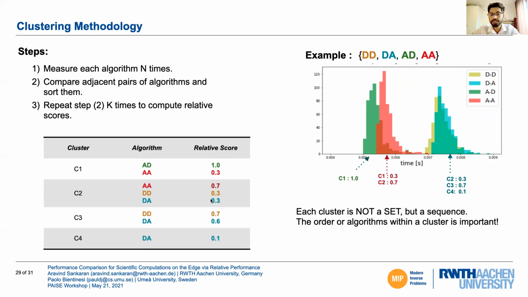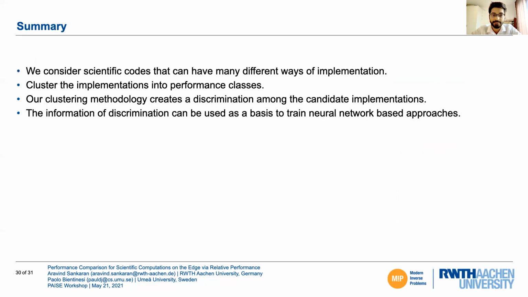The scores will always be less for DA than for AA. So the information is anyway captured, and it's not a problem for our methodology. So the order within each cluster is important. And this table, as we mentioned in the beginning, can be used as a starting point to derive a variety of applications, such as charting reliability policies, training performance models, etc.